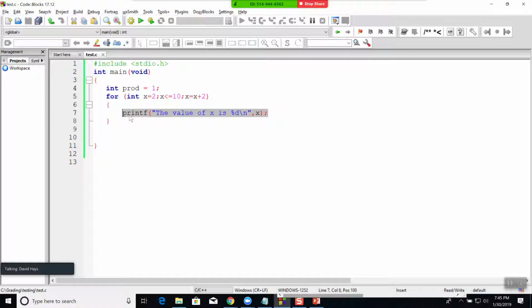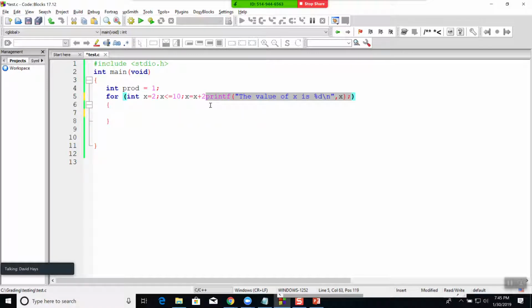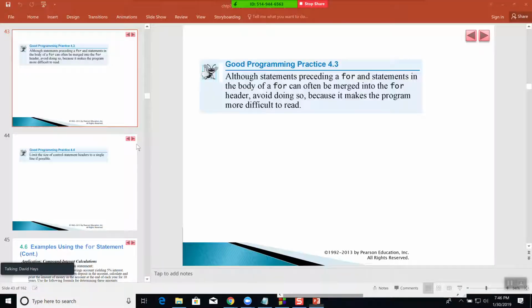Almost implies you can take this and put it up here. I'm sure that's not what they mean. See if you can even do that. No? I don't know.